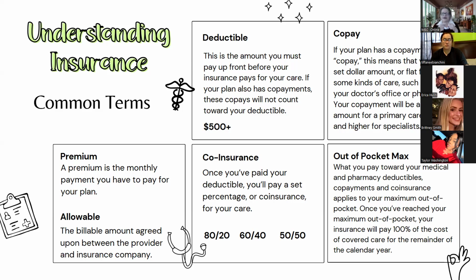When a doctor signs up with an insurance company, they sign a contract, a legally binding agreement that says, if we're going to send our group of insured people to your practice, you're not going to bill them out the wazoo. We're going to set what you can bill, and what you can bill is called an allowable. It's what they're allowed to bill those patients.